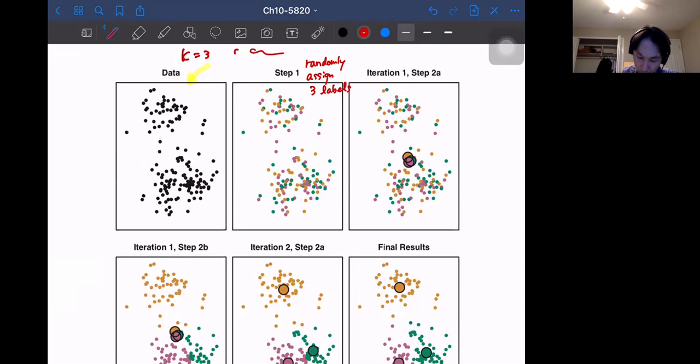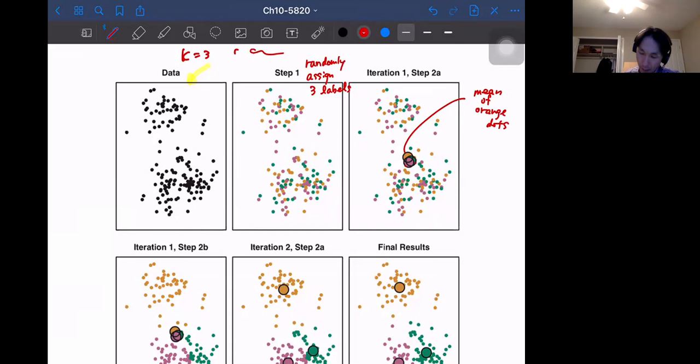So orange, purple and green. This is the mean of the randomly selected orange dots, and also the mean of the purple dots and the mean of the green dots. Since these are random, these are almost the same, but still slightly different.